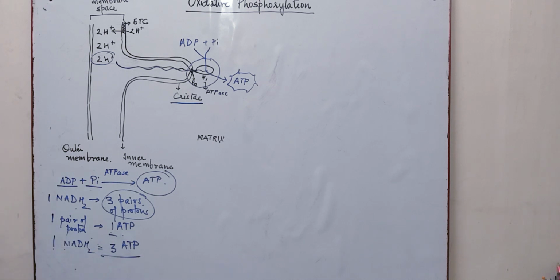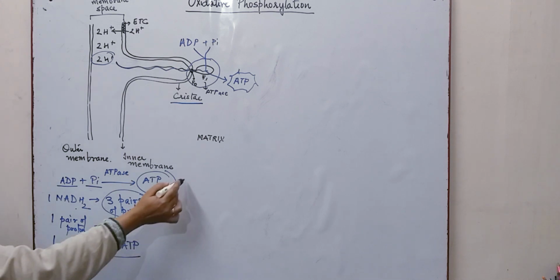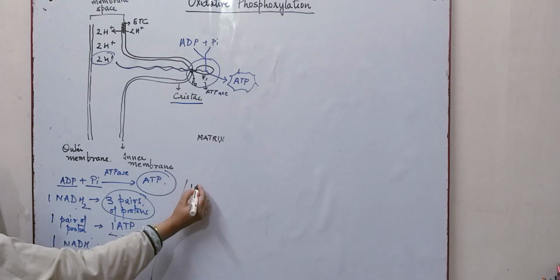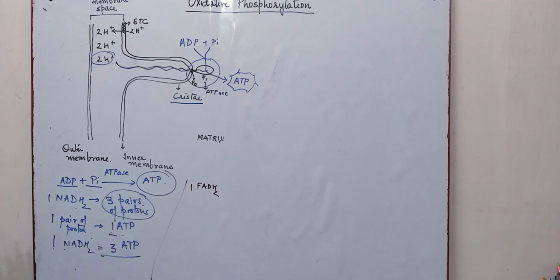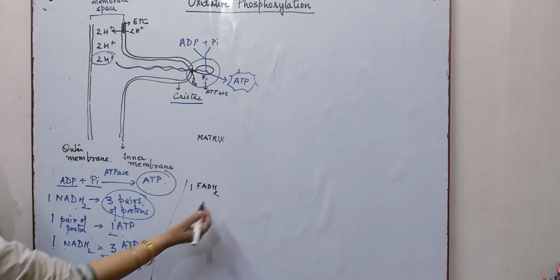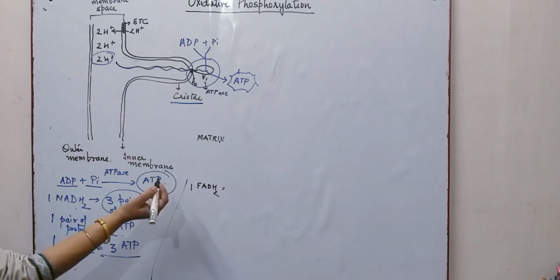Now let us compare how the FADH2 is different. When we talk of FADH2, 1 FADH2 during its dissociation releases energy at only two levels.